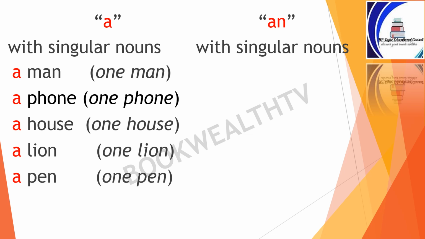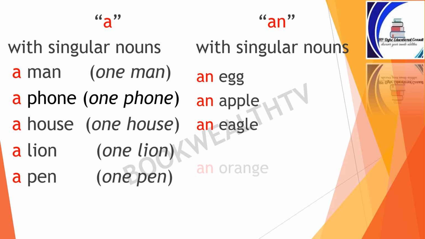Article an with singular nouns. An egg. An apple. An eagle. An orange. An umbrella. We shall make complete sentences with these expressions in the next slides.